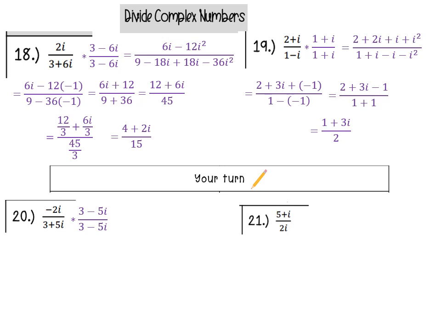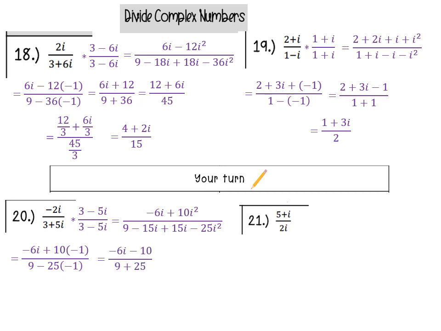So negative 6i plus 10i squared on top. 9 minus 15i plus 15i minus 25i squared. i squareds get replaced with negative 1, and so that gets us negative 6i minus 10 over 9 plus 25. Let's see, that's going to be negative 10 minus 6i over 34. Divide everybody by 2, gets us negative 5 minus 3i over 17, and we would be done. Yours matched.